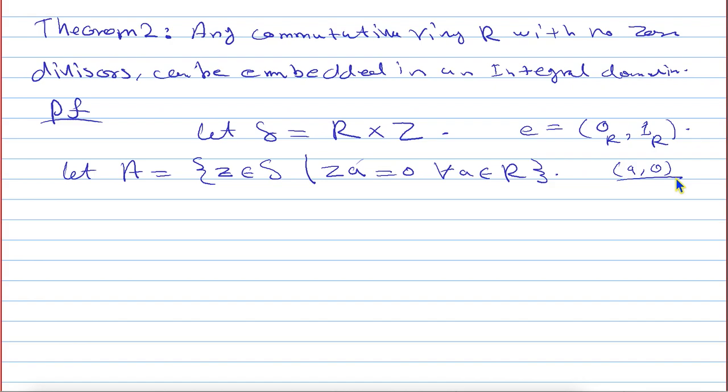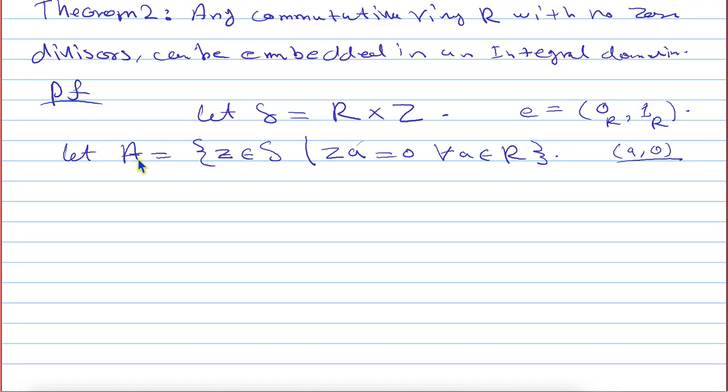Now we will proceed as follows. First, we will prove that A is an ideal of S. And this will allow us to define the quotient ring S by A, because for the quotient ring to be defined, this A must be an ideal.